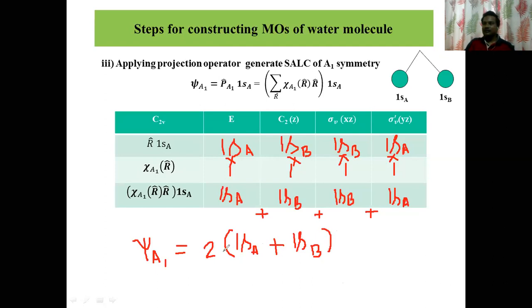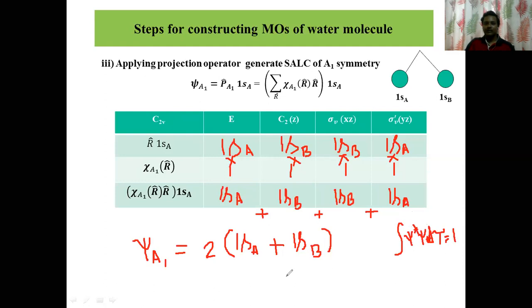So we have to normalize this, because only normalized functions are acceptable. The normalization procedure is exactly the way we have done earlier: the integral of psi star psi d tau has to be 1. If you follow this procedure, you should be able to get the value of the normalization constant.